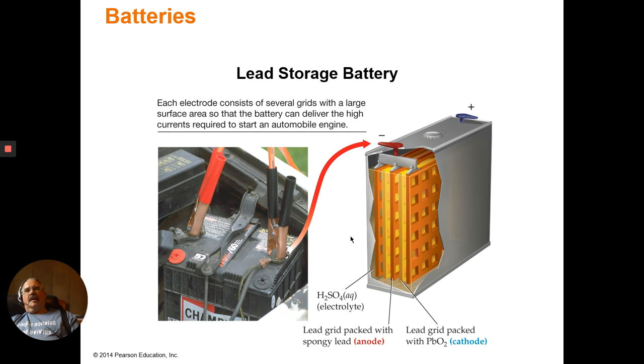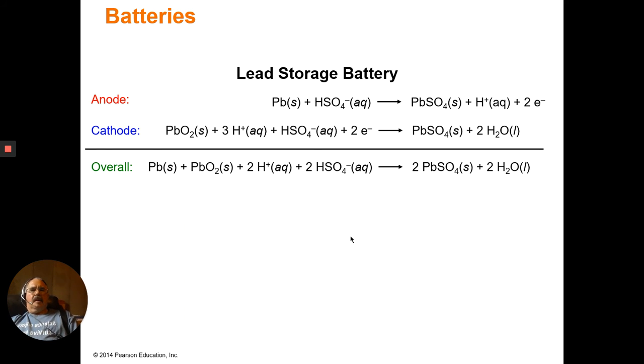Okay, going back to the lead acid storage battery, if we were to calculate the overall cell potential from the chart, we would come out with approximately 2 volts. The majority of car batteries are 12 volts, and that's because they consist of 6 cells which are connected in series.